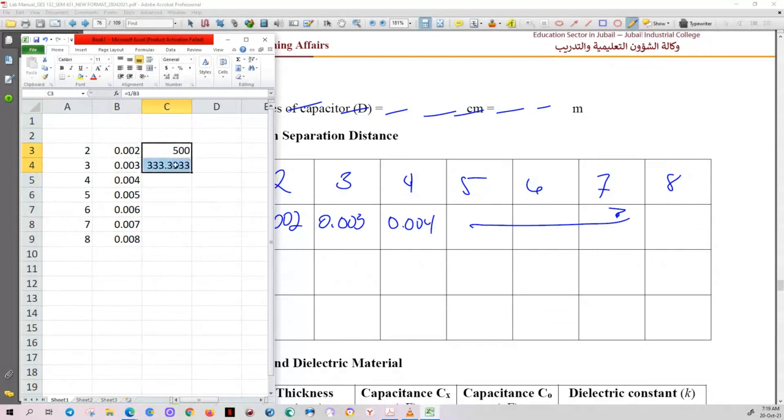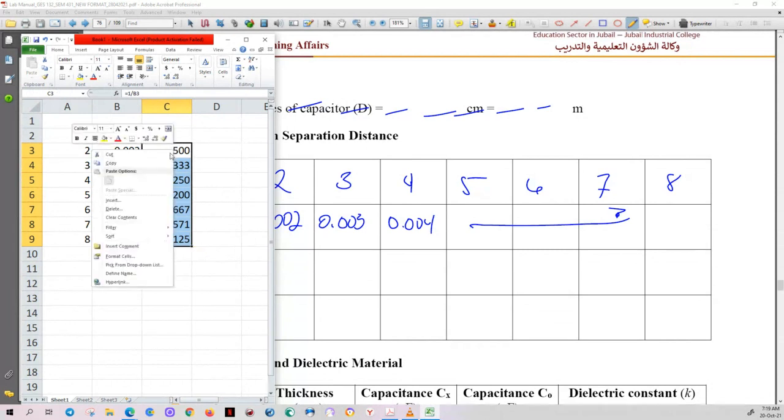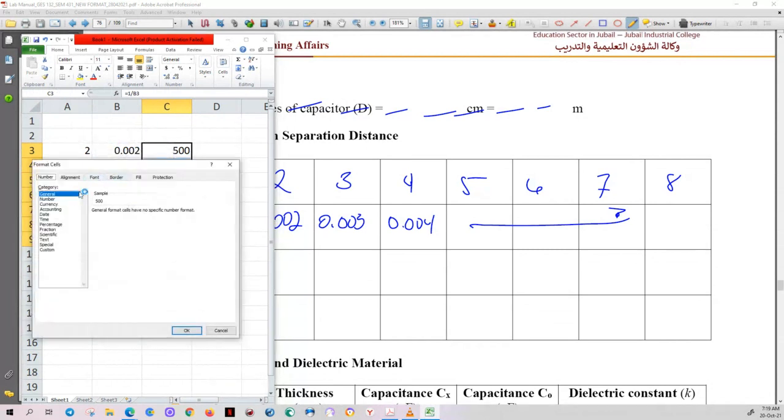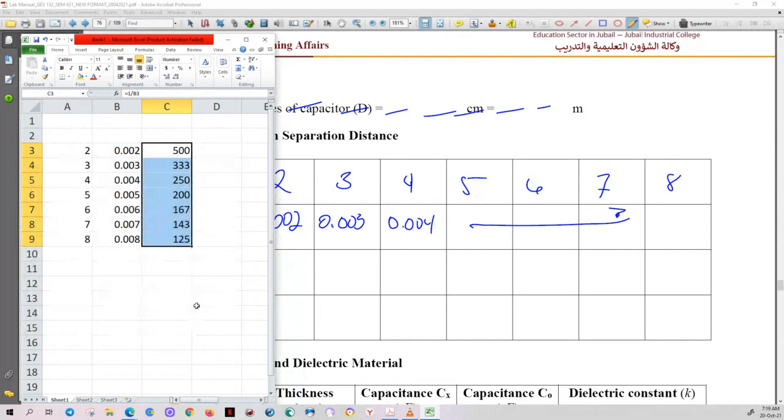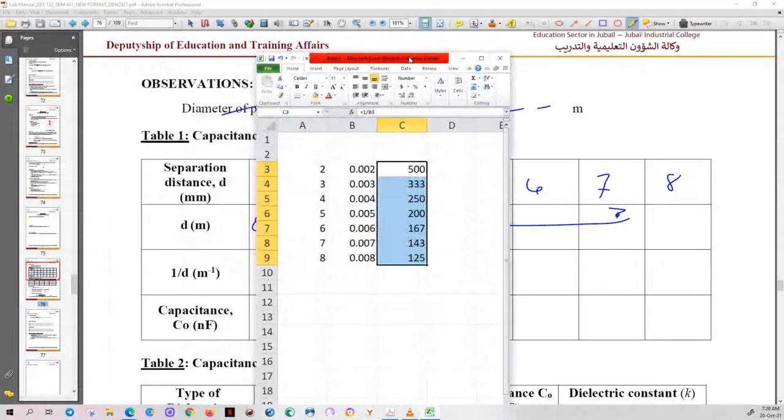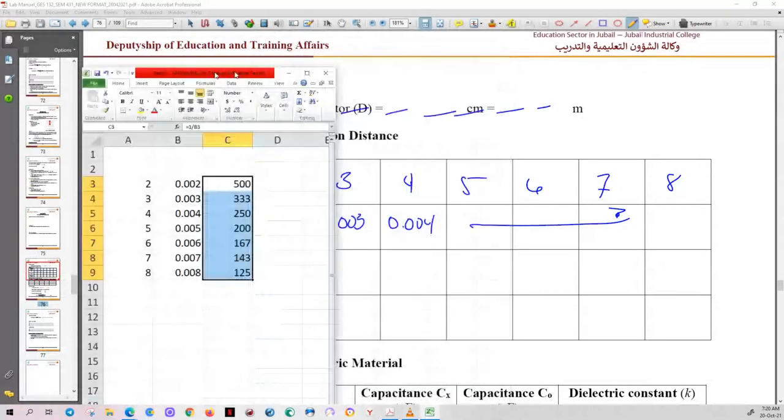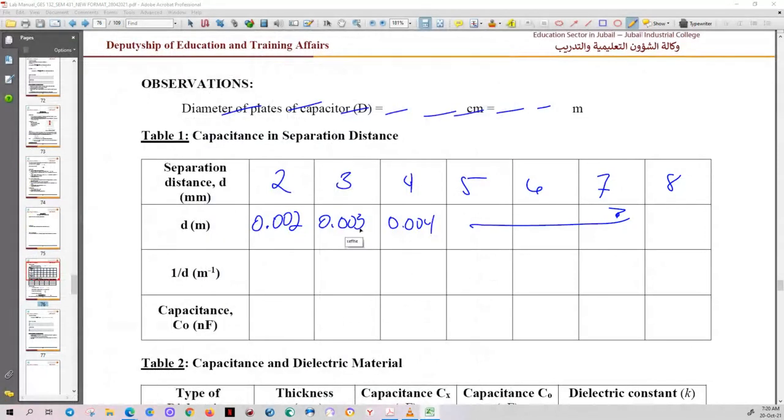So you can just take and drag. And we can format cells so that all of them will have no decimals. As you can see, it's quite easy to make the inverse function in Excel. So I will take those numbers and write them on my data sheet.